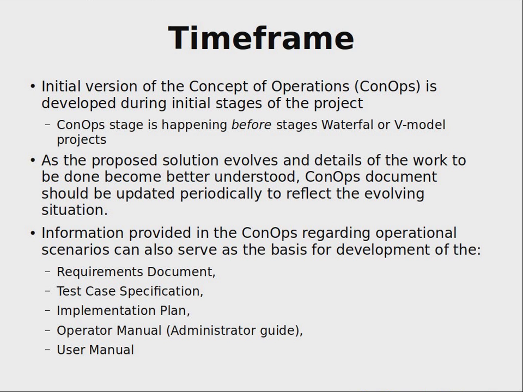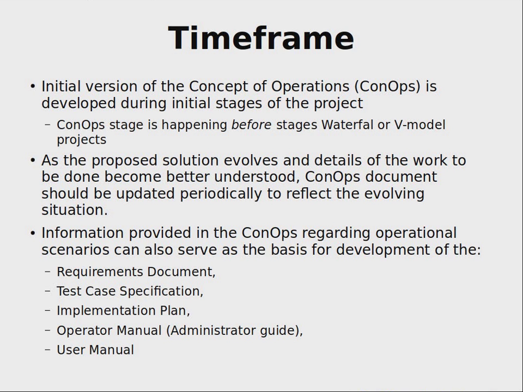So during these stages, when you are seeking money and ensuring that you will have this money, you are still working in a technology-neutral area. You are describing everything in business terms, and in general you may have different variations of these concepts of operations.